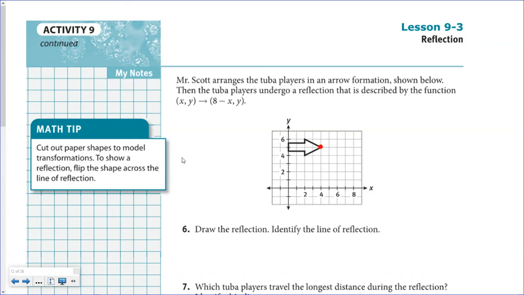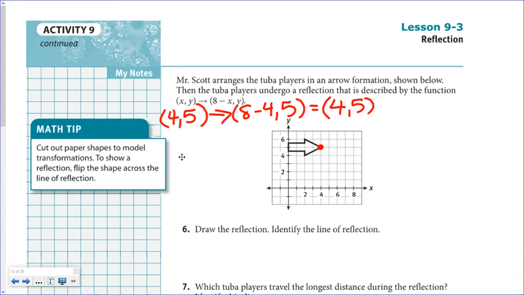So let's start with the point 4, 5. If you apply this function, 8 minus 4, 5, you end up with the point 4, 5, which means this point did not move at the tip. So let's pick another point, 2, 4.